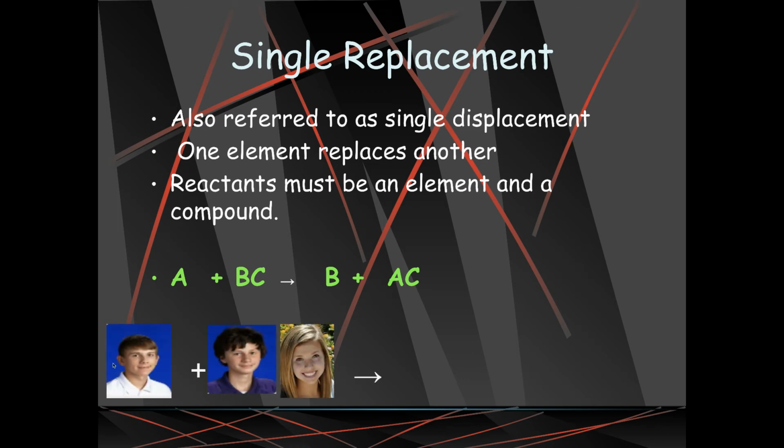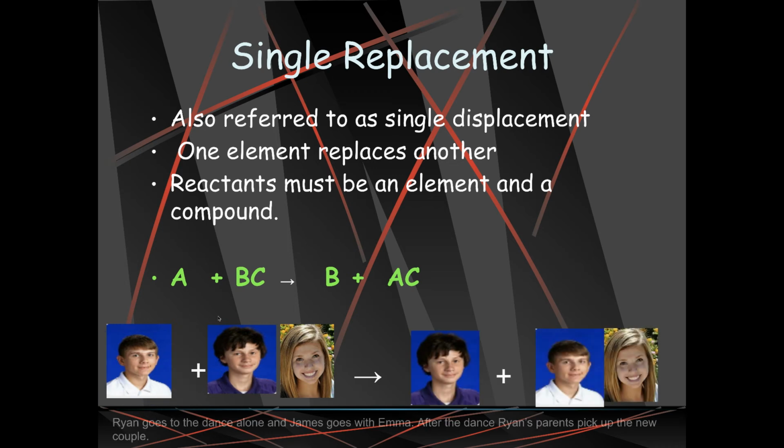For instance, if Ryan goes to the dance by himself and James is with Emma, then by the end of the night, they've done the switch and Ryan is now dating Emma and James is by himself. We know that was James' choice, I'm sure.